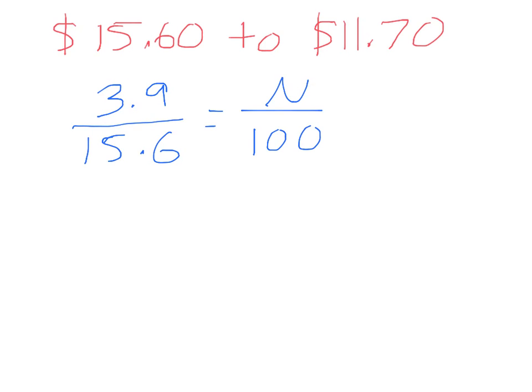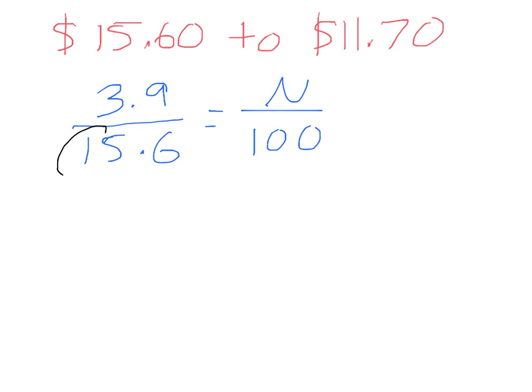Because the change is the difference between the two numbers, which is 3.9. The original is always the first number. That's 15.6, and that equals n over 100. It's not negative. The change will always be positive in this case.